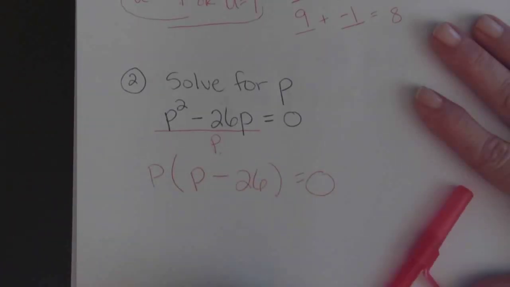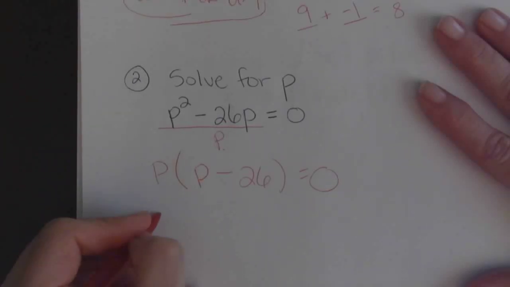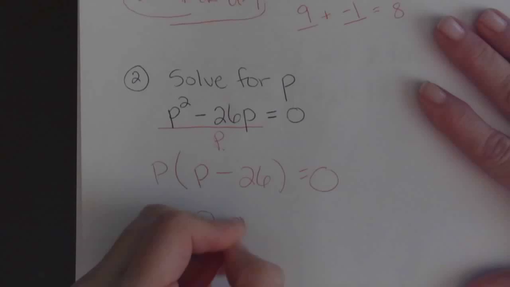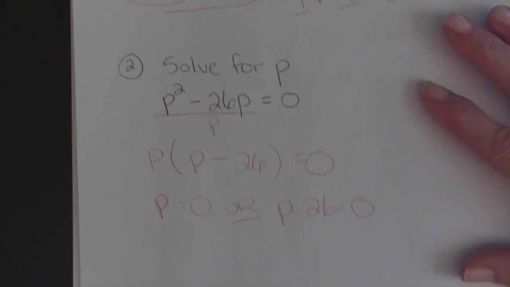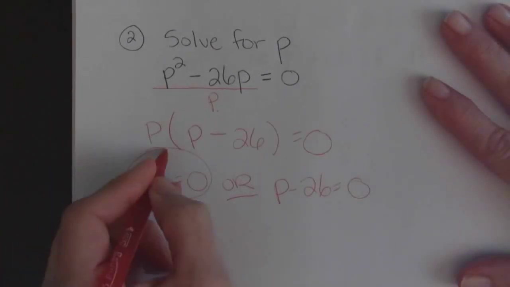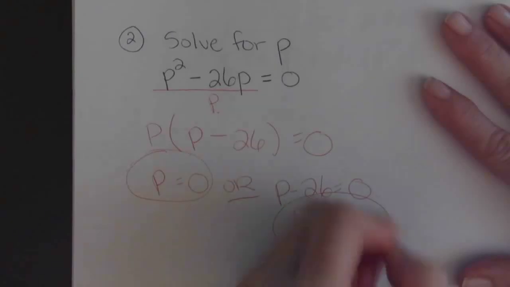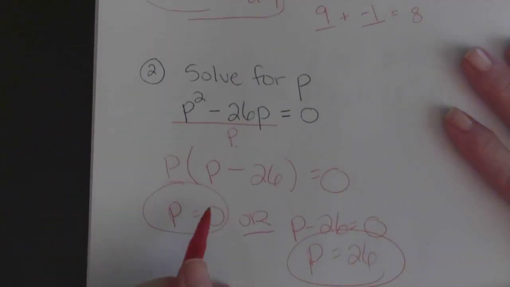This times this is equal to 0. That means one of the two things has to be 0. So either p, this guy, is 0, or p minus 26 is 0. We'll add 26 and we'll get p equals 26. So those are my two answers.